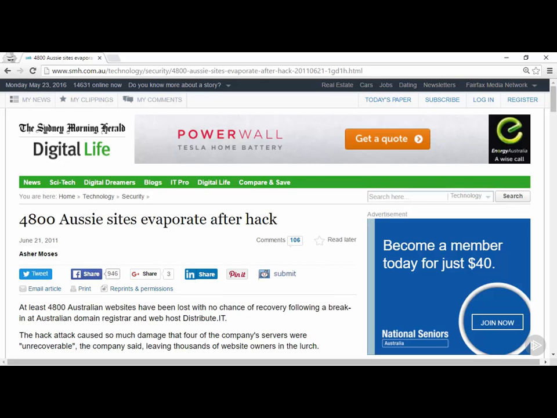This clearly had a major impact on Distribute IT. They had to shut down, but it also had a massive impact on those who had chosen to use this cloud provider. This is precisely the reason why organisations want to do compliance assessments. They want to establish with some degree of confidence that the provider they're putting their data in isn't going to suffer a fate the same as Distribute IT.